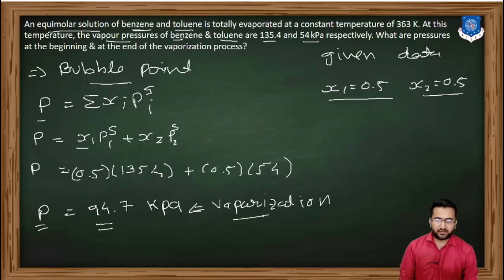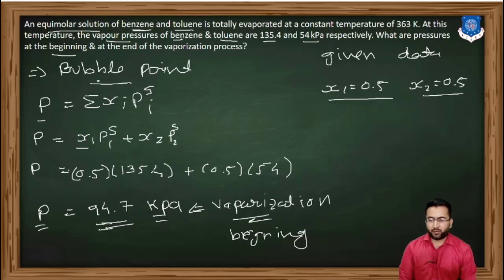So vaporization will start at 94.7 kilopascal. It is the beginning pressure, which the statement asked us to find, or we can say the bubble point pressure. So the bubble point pressure for this system is 94.7 kilopascal.